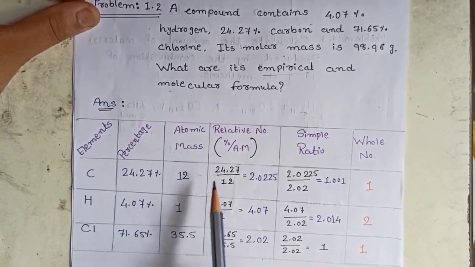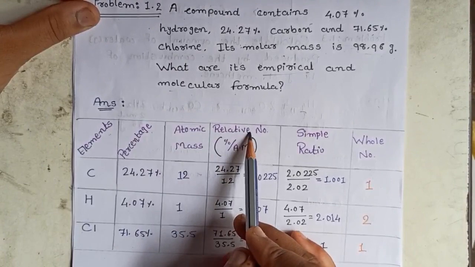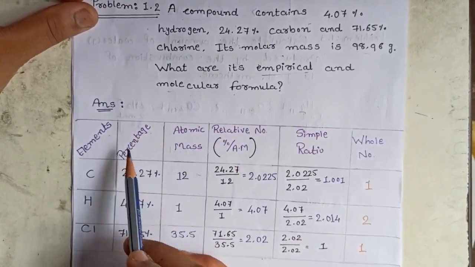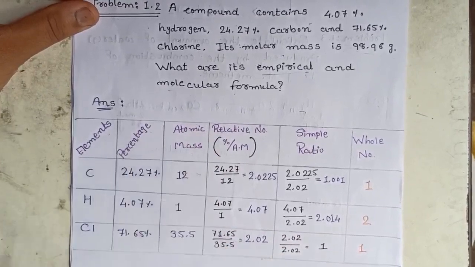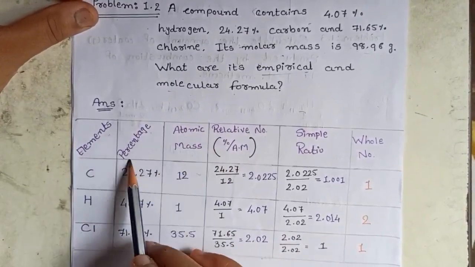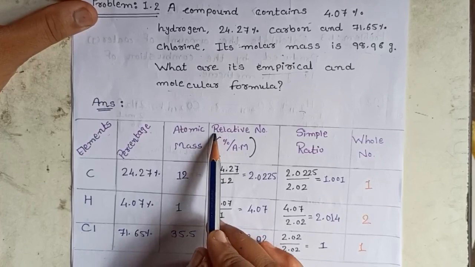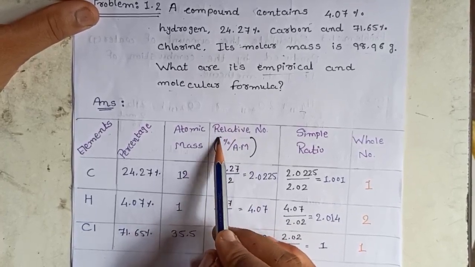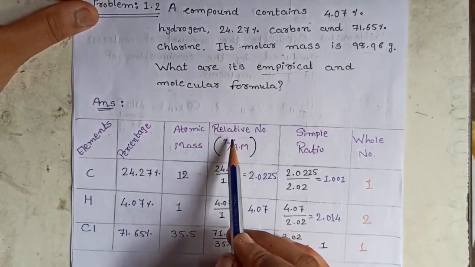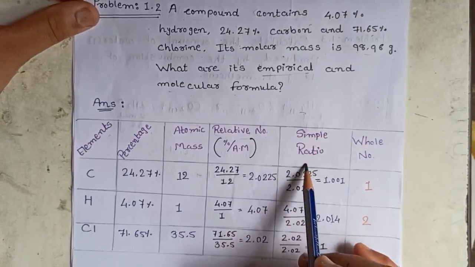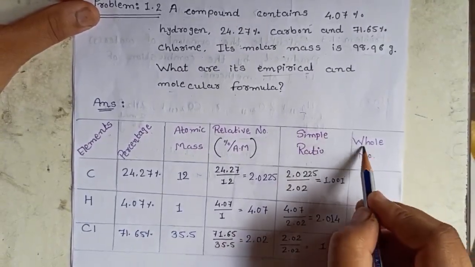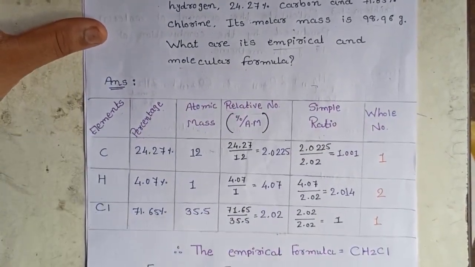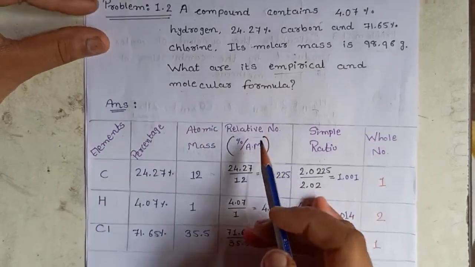Then you have to take a relative number by taking the ratio of that percentage given and atomic mass, right? By the ratio of percentage and atomic mass you can find out a relative number, right? From the relative number you have to find out a simple ratio, and by that you will get a whole number, right?